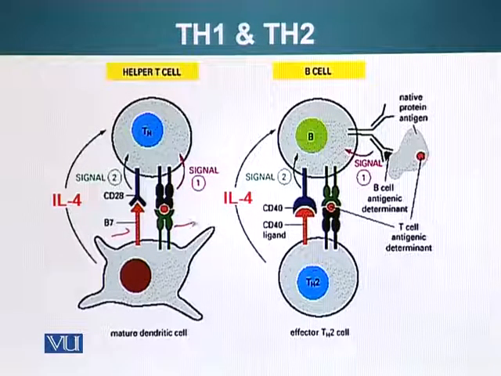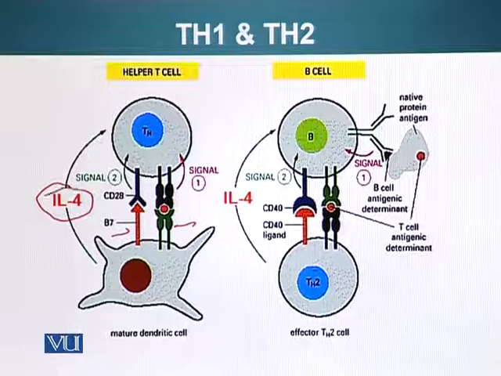In addition to these two signals, when dendritic cells engulf pathogens that require antibody production, they make interleukin-4 and they use this signaling molecule to guide the naive helper T cell into the effector Th2, helper T cell type 2 lineage. So again, this mature dendritic cell engulfed a particular pathogen. Let's say this was a Salmonella, and this little red ball is actually a peptide fragment from Salmonella.